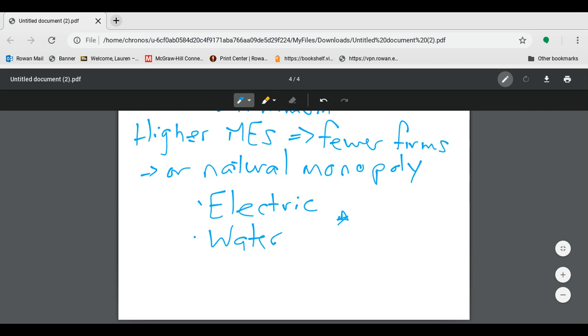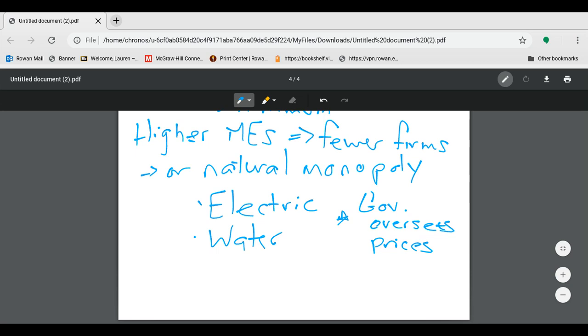Now, we typically think monopolies have higher prices, which might be true, but what the government does is provide some oversight. They ensure that they're not price gouging the consumers or charging too much, or doing something that's not good for people who need electric, which is everyone.